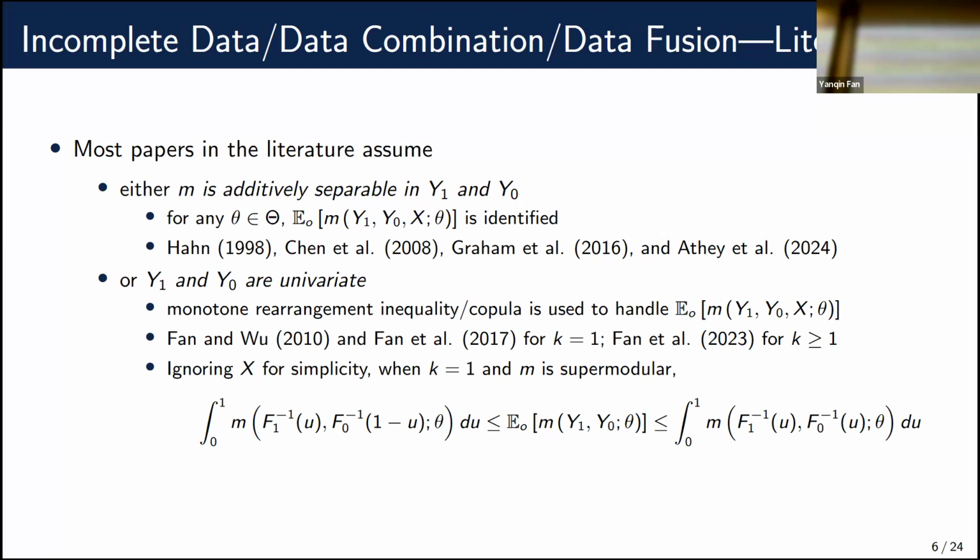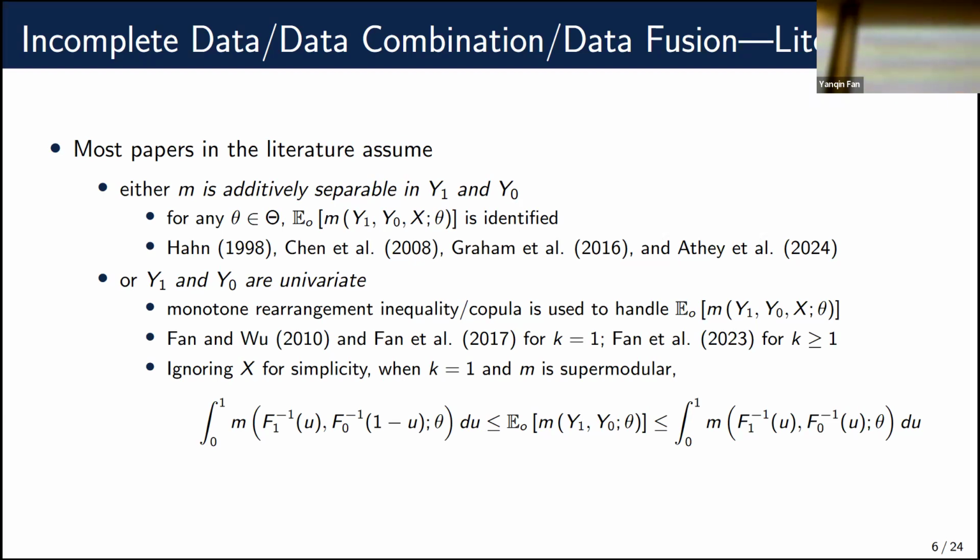This means that theta star satisfies two moment inequalities, and that in turn gives us an identified set of theta star. But you see here, in this case, k must be 1. We have only one moment function, then we can bound the expectation and subsequently study the identified set of theta star.